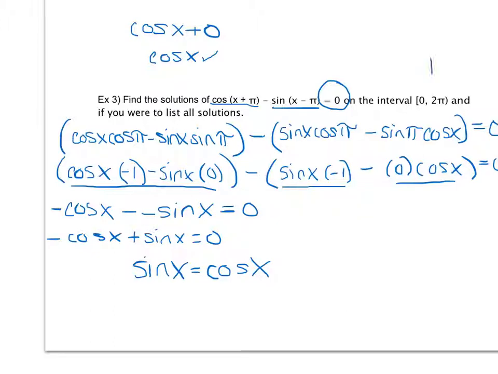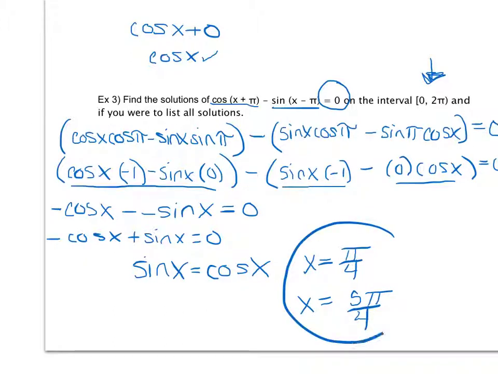Well, in the interval from 0 to 2 pi, I know that those two trig functions are equal to one another at a rotation of pi over 4, where they're both radical 2 over 2, and 5 pi over 4, where they're both negative radical 2 over 2. So those will be my two solutions.